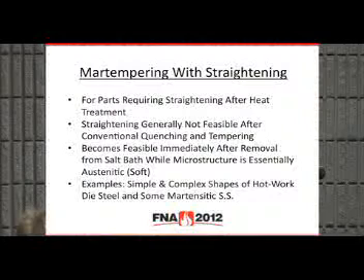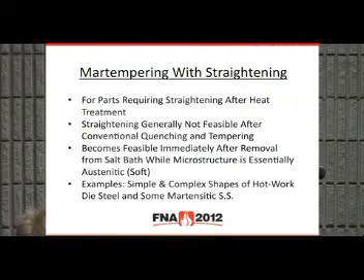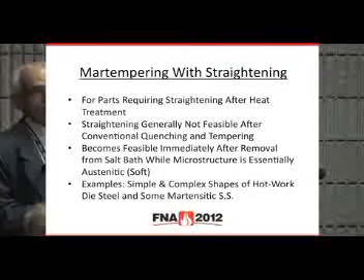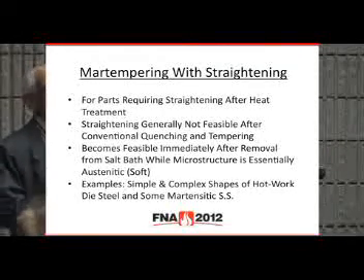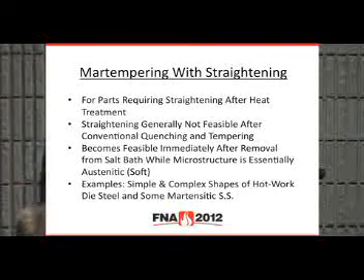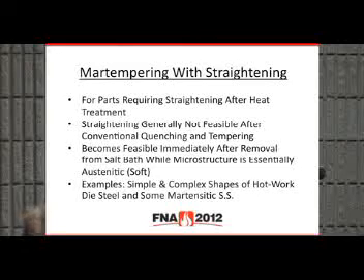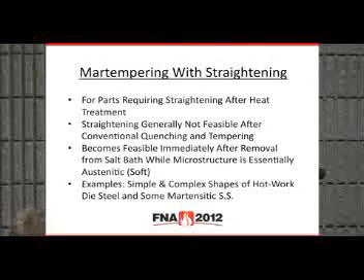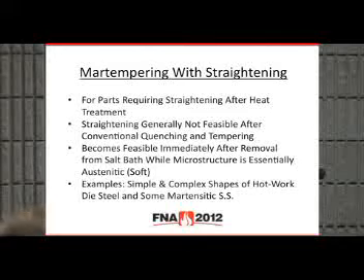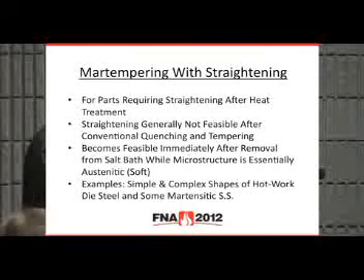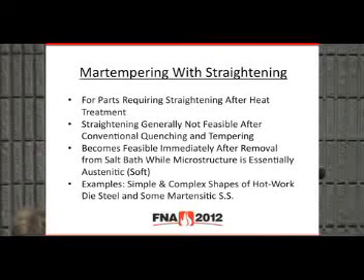So what is done here is the straightening is done just before the MS temperature, when the microstructure is still austenitic and soft, so you can carry out the mechanical straightening. And the examples of this include simple and complex shapes made of hot work die steel and some martensitic stainless steel.